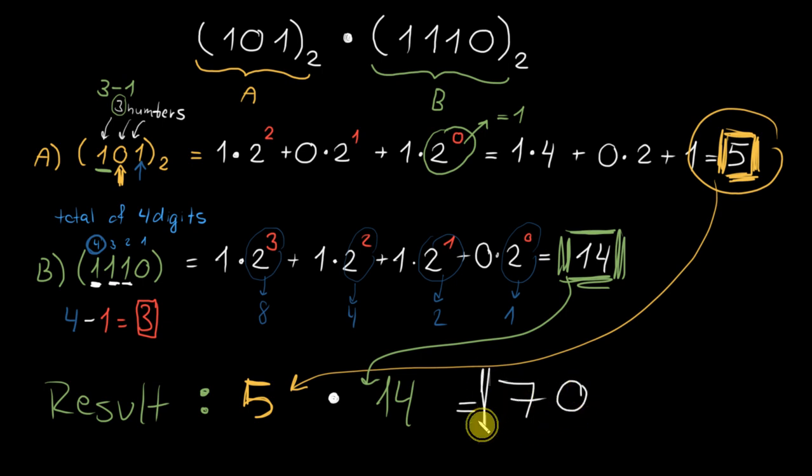And that's our result of this multiplication of these two binary numbers.